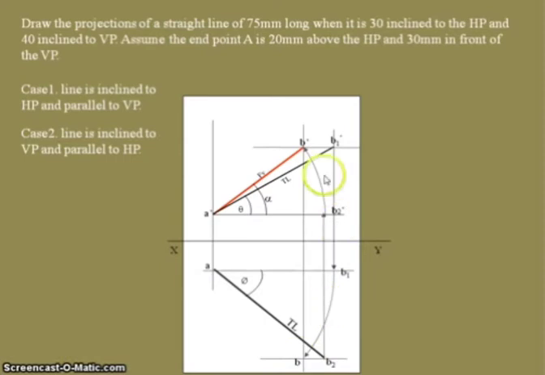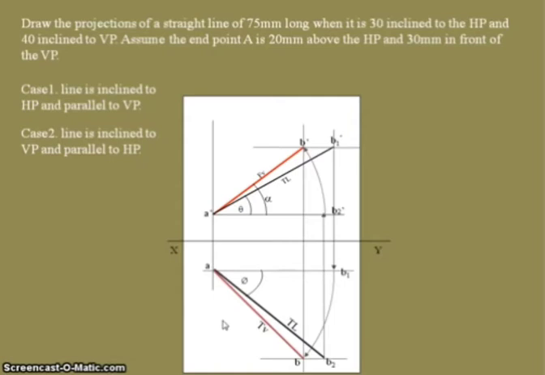This is the point required for drawing the final top view. Now join the two points A to B, and we get the final top view for a given straight line when it is inclined to both planes.